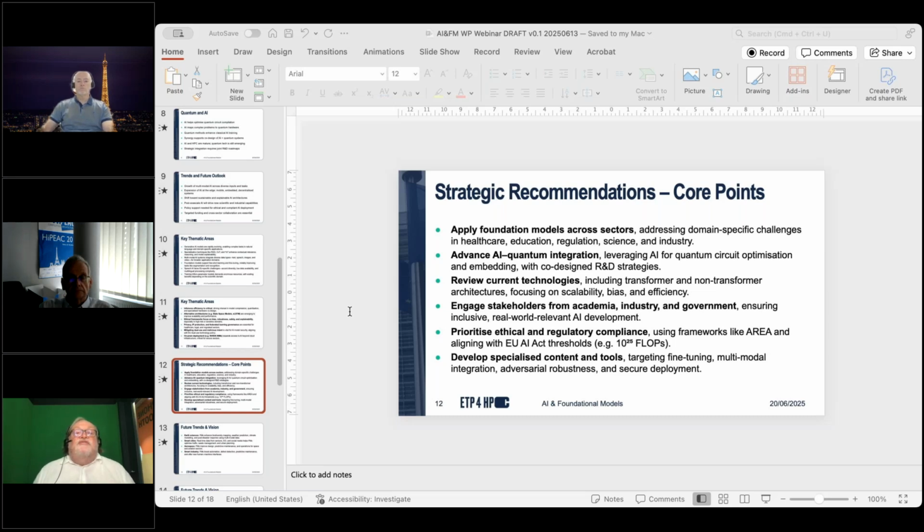Advance alternative architectures beyond transformers. Establish ethical oversight using compliance and standards such as ISO 42001. Support our tool chains and data sets for SMEs. And finally, bridge the quantum AI gaps through joint development programs.